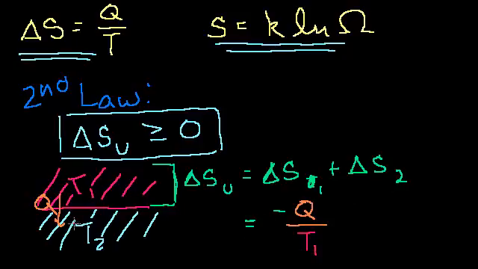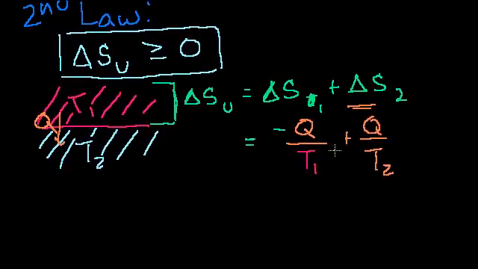And then we have the heat being added to system 2. So plus Q over T2. This is the change in entropy for system 2, right? This guy loses the heat and is at temperature 1, which is a higher temperature. This guy gains the heat and it's at temperature 2, which is a colder temperature. Now, is this going to be greater than 0?